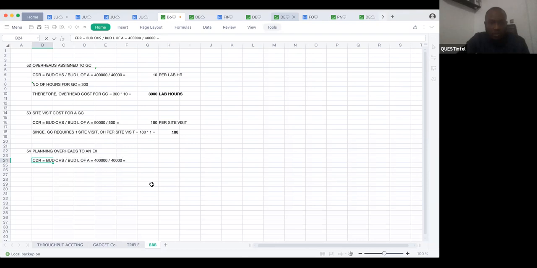Our cost driver rate will be equal to 70,000 divided by 250.